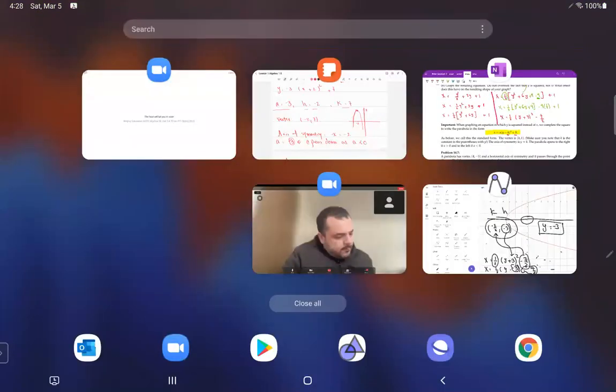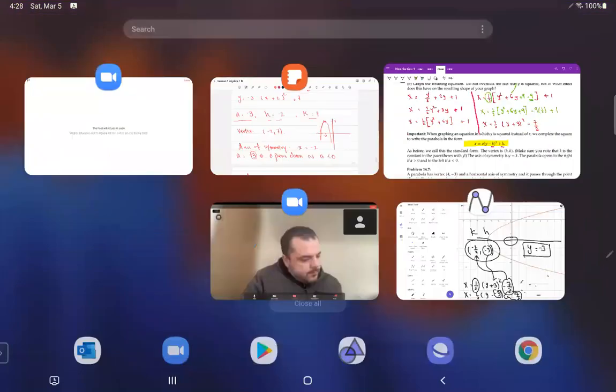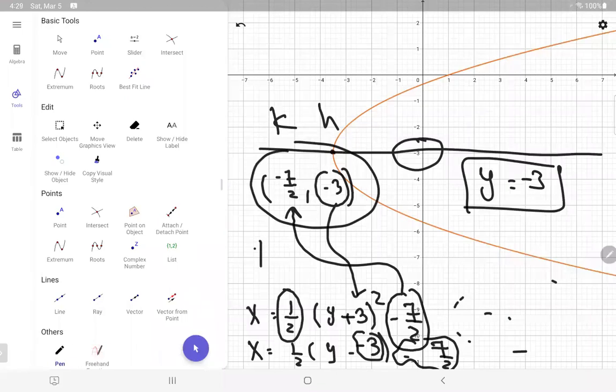So nothing else is here. What else am I going to say about this? Yeah, this is what I wanted to say here. Don't mix up. The idea is you need to know what is inside here. This is going to be the y coordinate. This is going to be the x coordinate. The y coordinate, then the x coordinate.